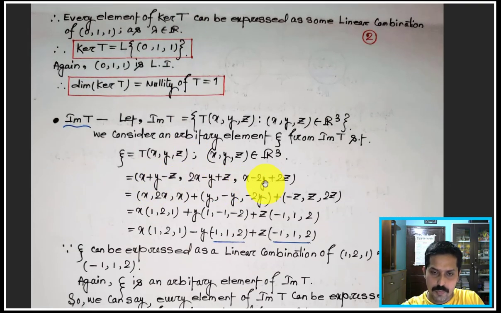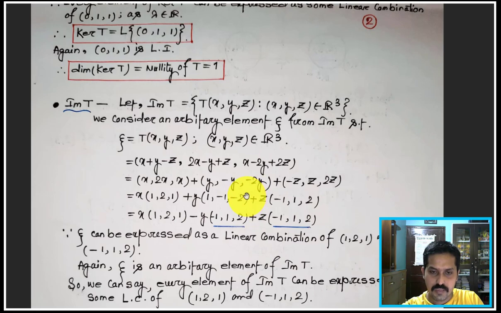Now we have to split this into three different elements. See, x, 2x, x plus y, minus y, minus 2y plus minus z, plus z, 2z. Taking x common, we have (1, 2, 1) plus y(1, -1, -2) plus z(-1, 1, 2).